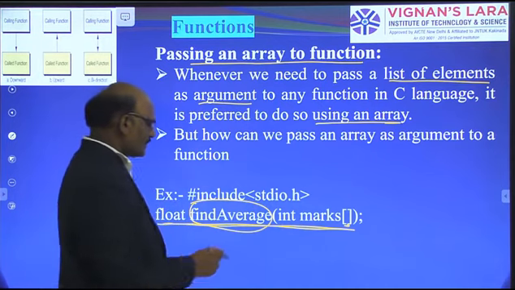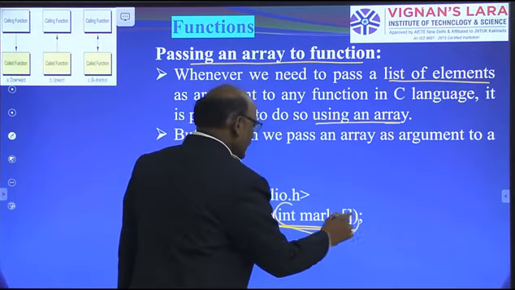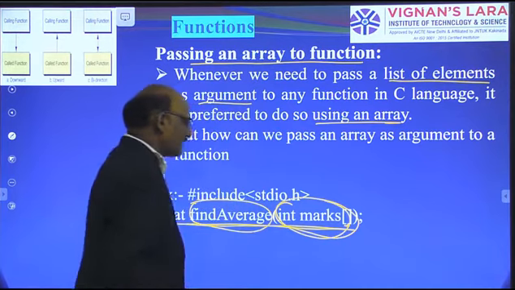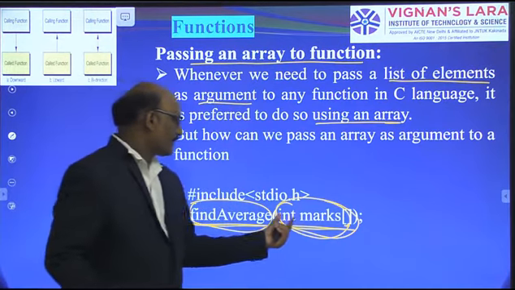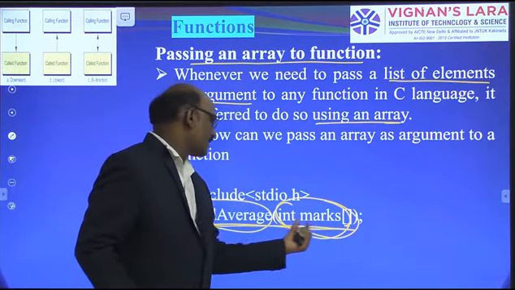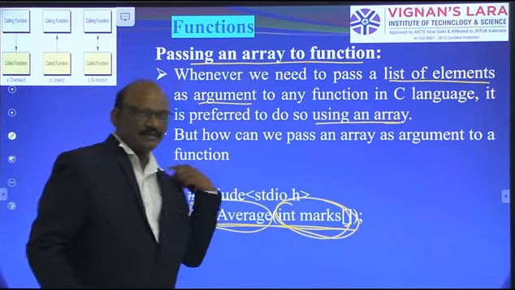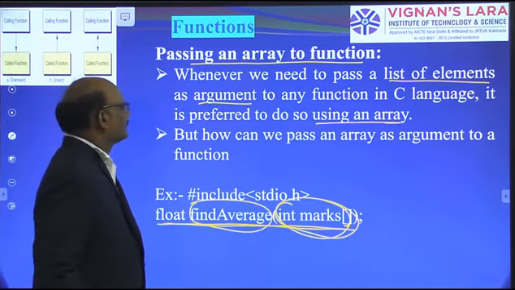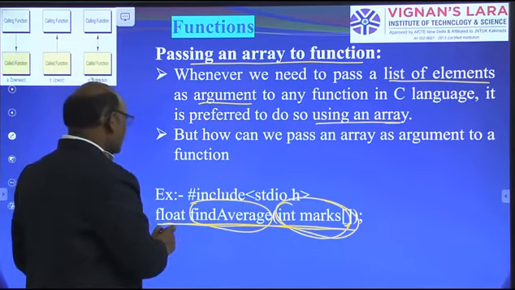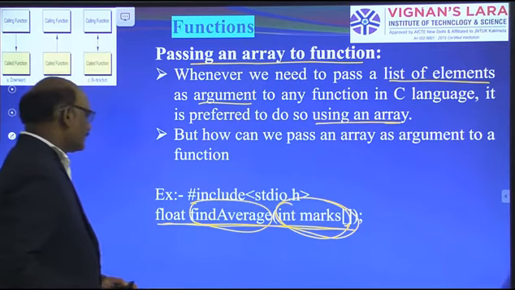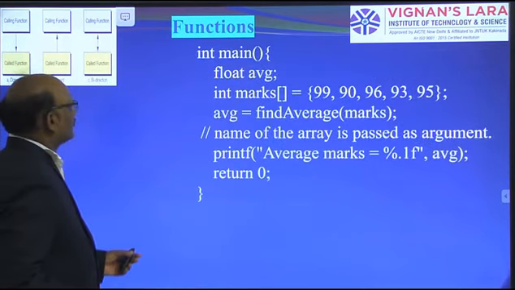So this is passing an array to the function. Here we are passing an array as an argument to this function. This is the declaration for that, and you need to define it later.